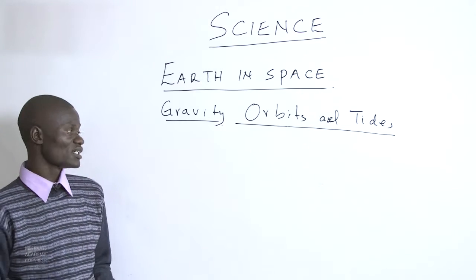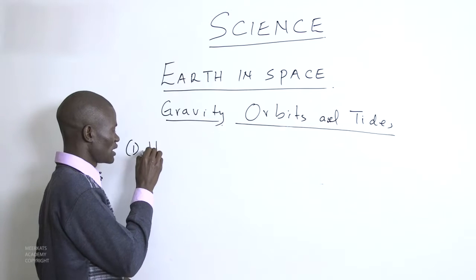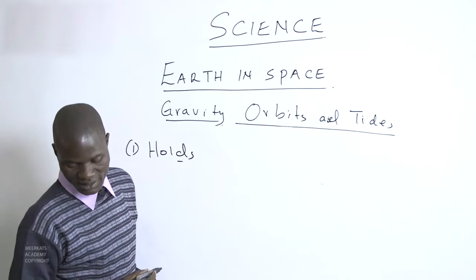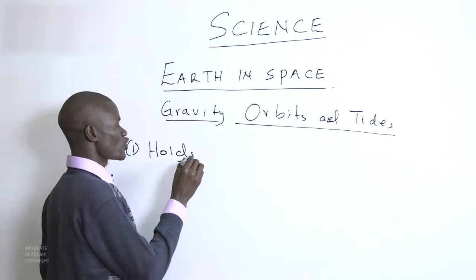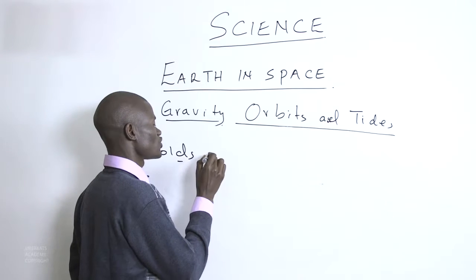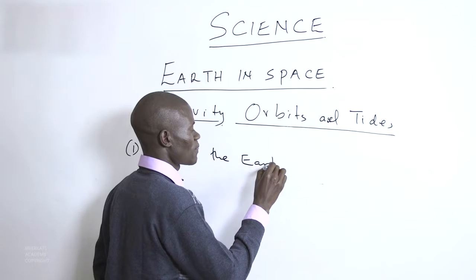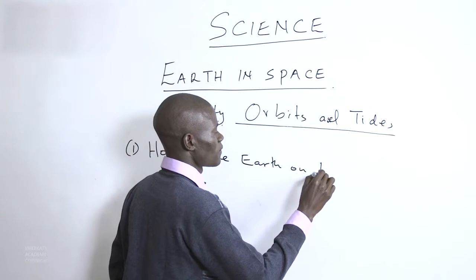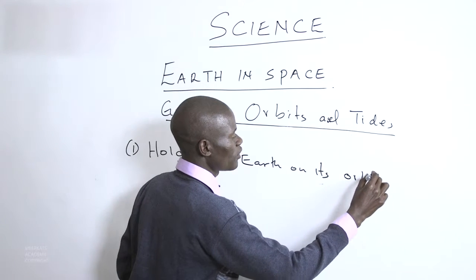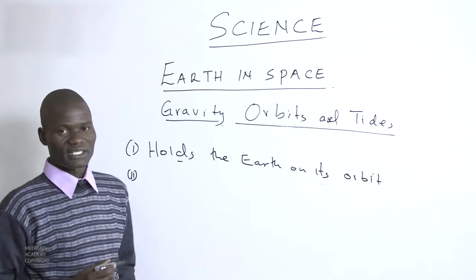It is the force that holds the Earth on its orbit. That is one effect of gravity. Then we'll be able to look at the orbit as we move on.